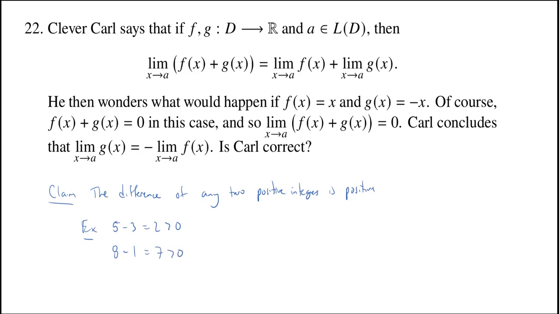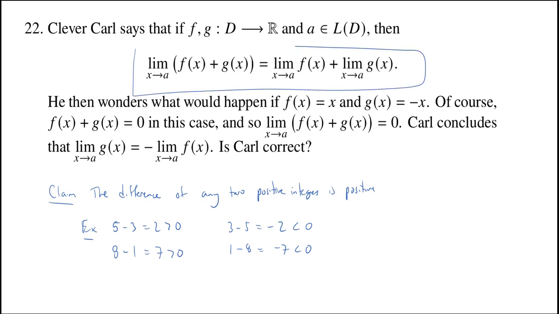That's positive. Hey, look at that. See, I'm right. Except I'm not, because, of course, I could take any one of these, turn them around, and now I'd have negatives. Well, Carl has the same issue. He has found an example which is correct. However, his claim, namely that the limit of a sum is the sum of the limits, is not correct without further hypotheses. Namely, we need to know that these two individual limits exist.